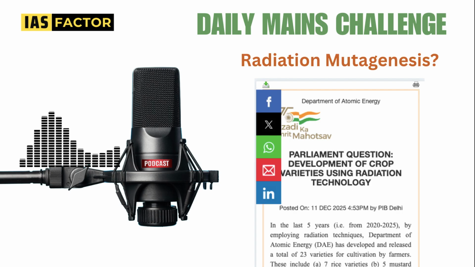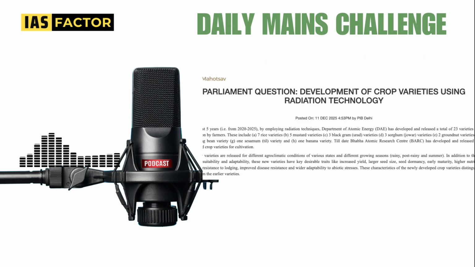And here we go. We have a news in PIB called radiation mutagenesis. The Department of Atomic Energy has developed and released almost 23 varieties of crops using radiation mutagenesis. So, the Parliament question: development of crop varieties using radiation technologies.